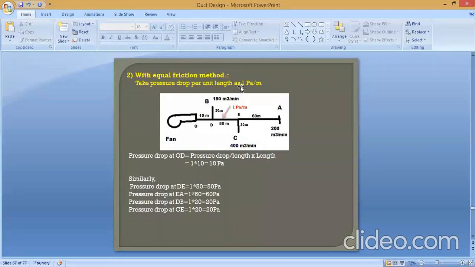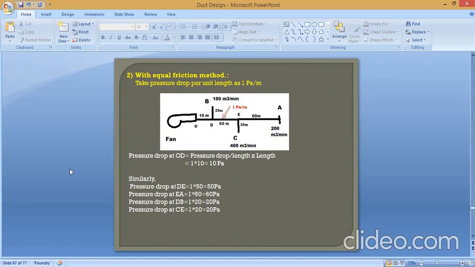Why? Because we have pressure loss per unit length of 1, and the length of this duct is 10 plus 50 plus 60, that is 120. So 120 meter length duct into 1, so 120 pascal is the total pressure loss or pressure drop across this. So this is the index run.